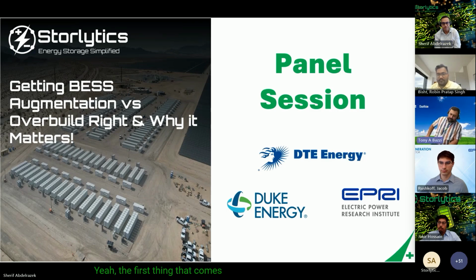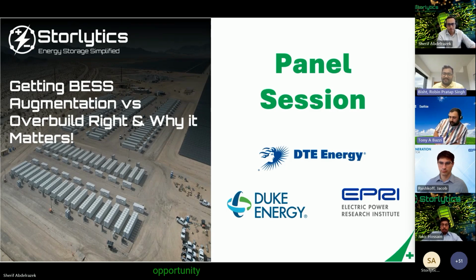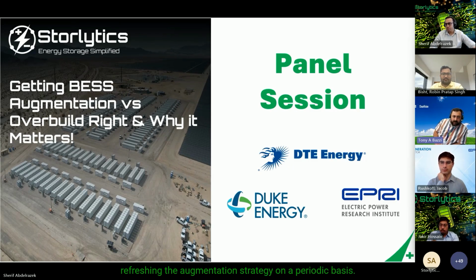Yeah, the first thing that comes to mind is technology uncertainty. And then definitely, we see the opportunity to see a mix between DC and AC, at least for the first couple of years during the project life cycle. But technology uncertainty is one of the main things, and you saw me highlight in one of my slides refreshing the augmentation strategy on a periodic basis.